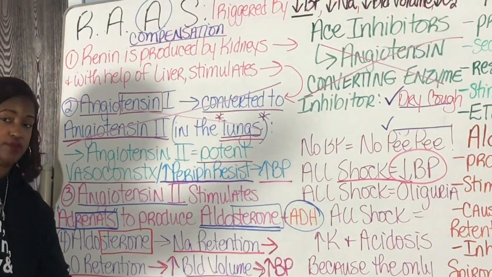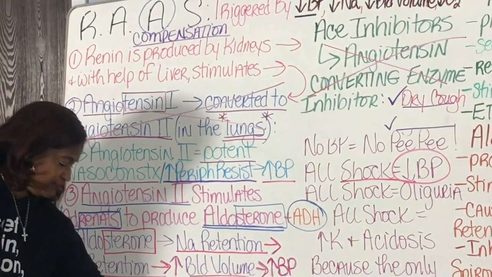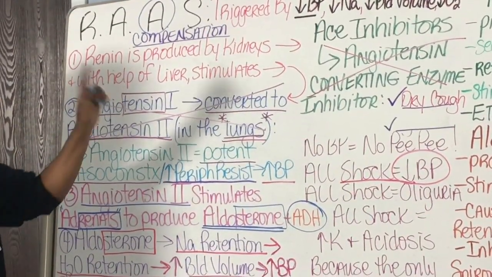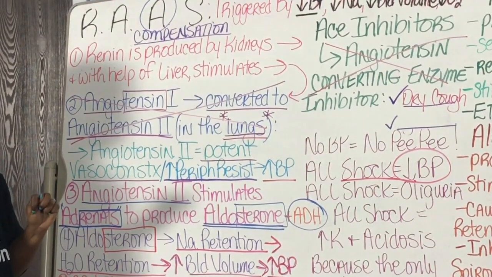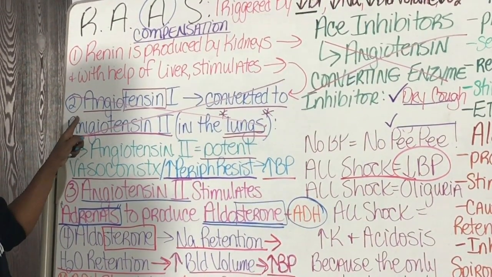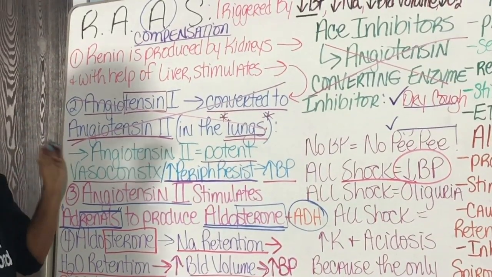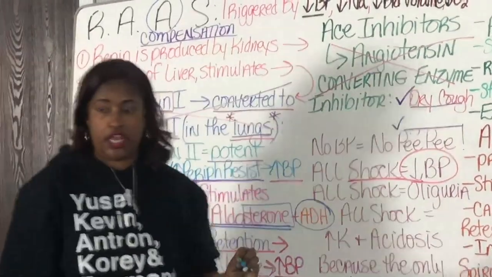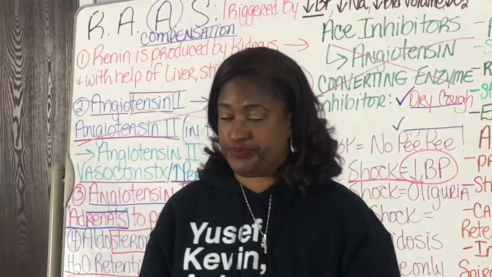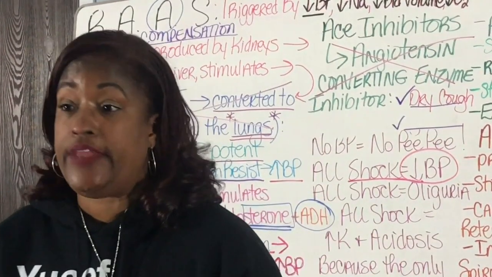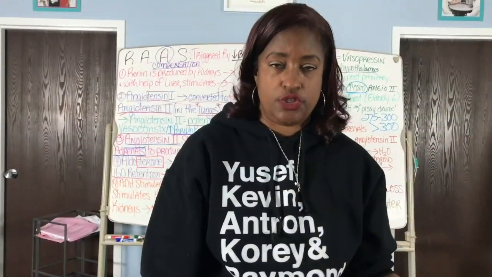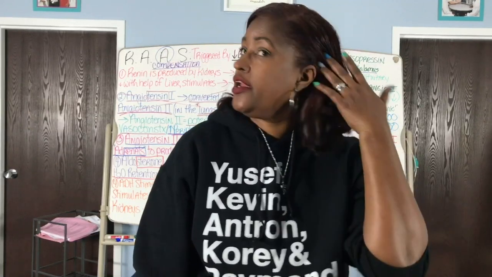Okay, stay with your girl. If the ACE inhibitor stops the conversion of angiotensin 1 into angiotensin 2, and here's where you've got to stay with me, then would you agree there is no angiotensin 2? Hello, I can't hear you.